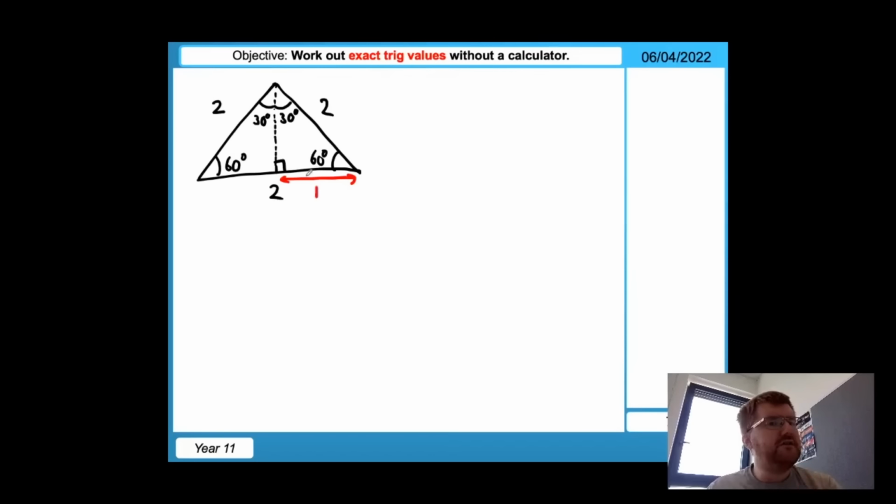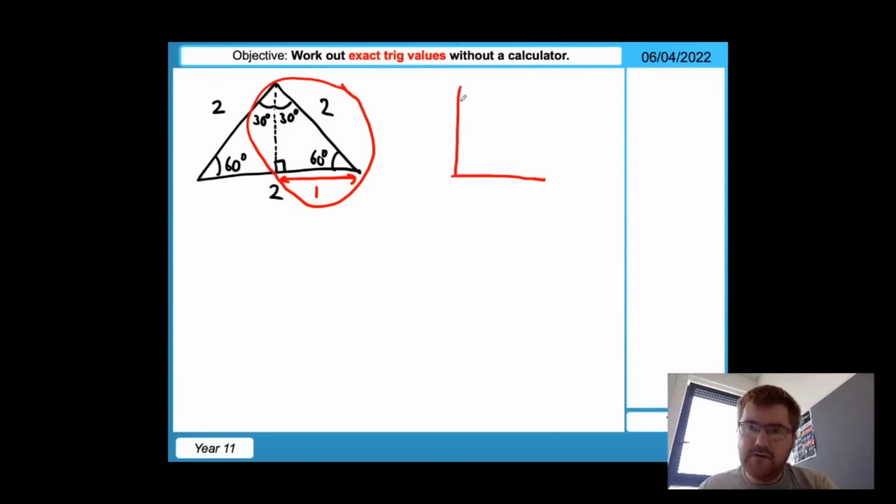Now I'm going to zoom in on that right hand triangle. So I'm going to zoom in to this part here and do it over on the side. If I draw this now a bit more clearly in red, this is equal to 1, this is equal to 2, this is 60, and this is 30. And by using Pythagoras in a very similar way to the first triangle, we can work out the missing value.